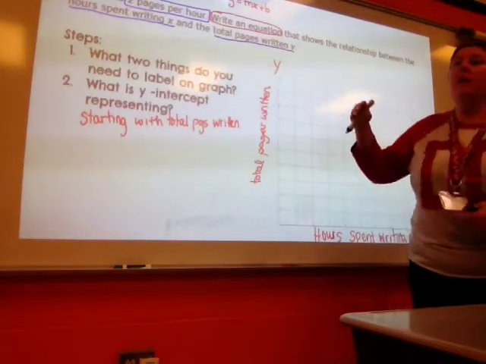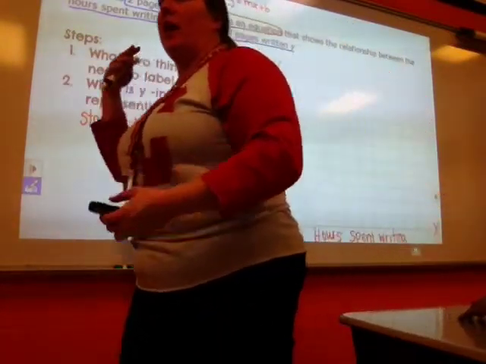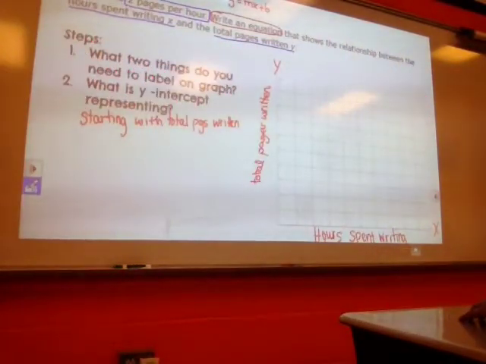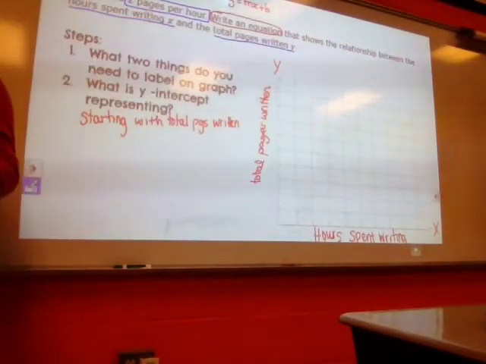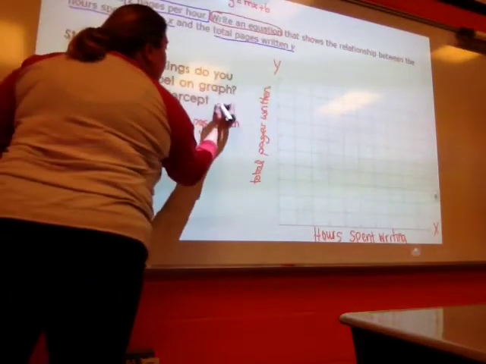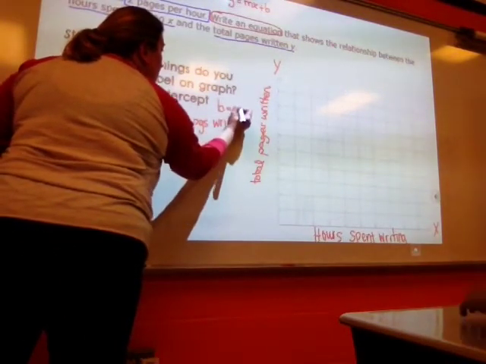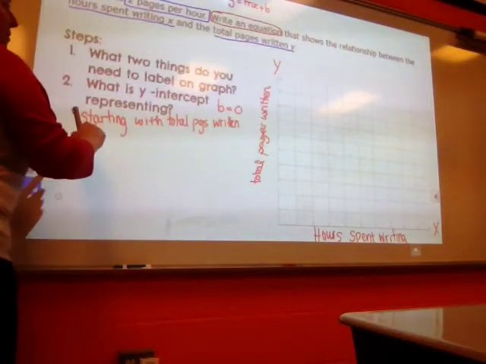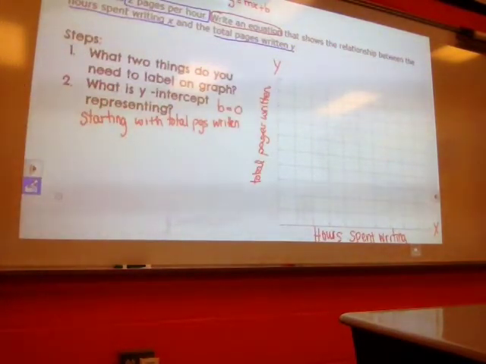It doesn't tell me that Lila has already written 5 pages. We're starting at 0 pages. So what's my y-intercept going to be? It's going to be 0, right? So this tells me that B is 0 because I'm starting with 0 pages written. Everybody okay with that? Yes or maybe?